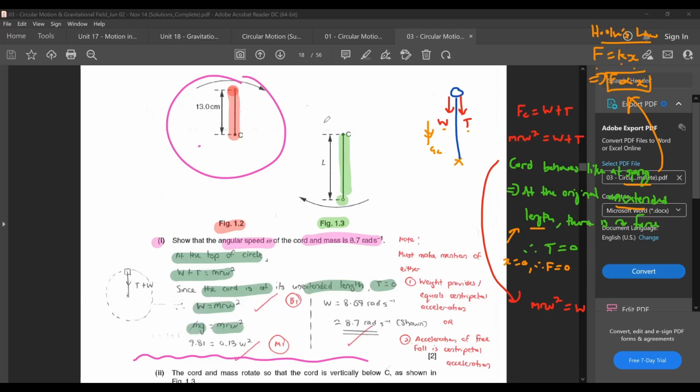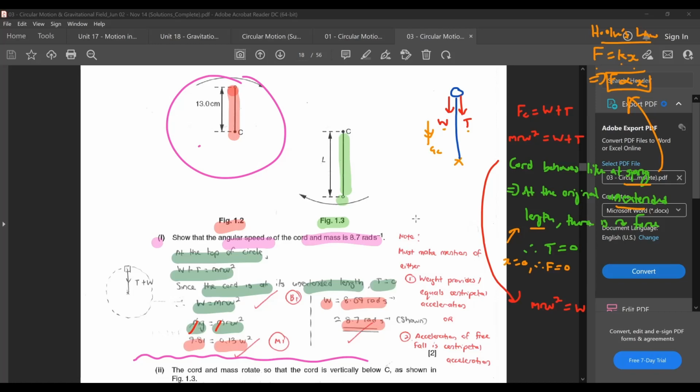The m's will cancel off, giving you 9.81 equals 0.13 omega square. Then omega is 8.69 radians per second, and so you will get 8.7 radians per second. All right, this is shown.